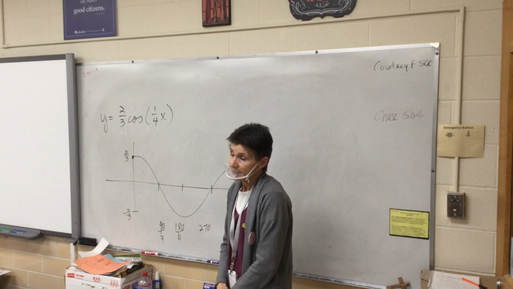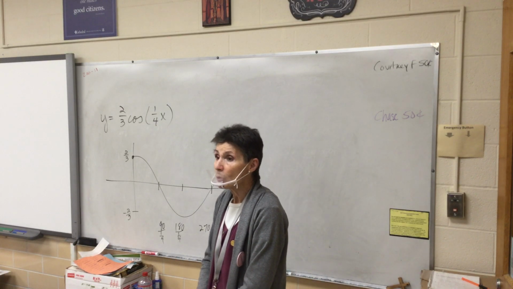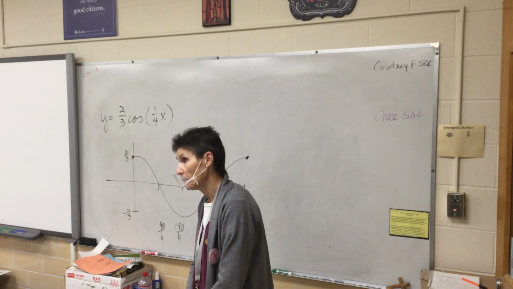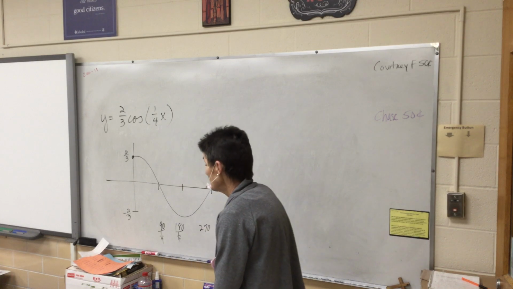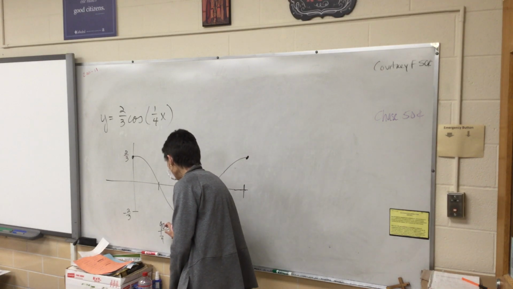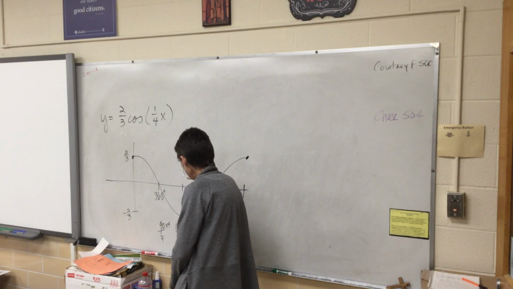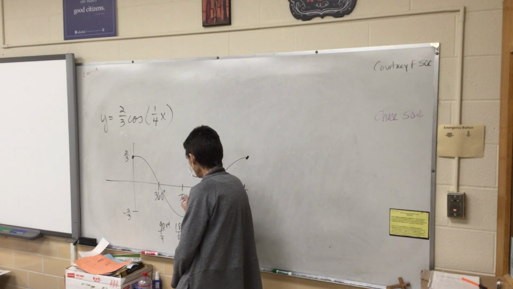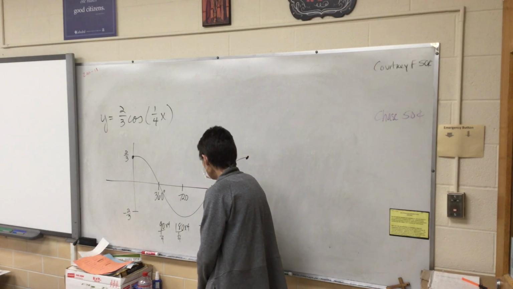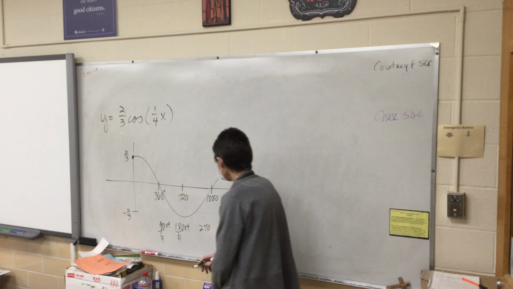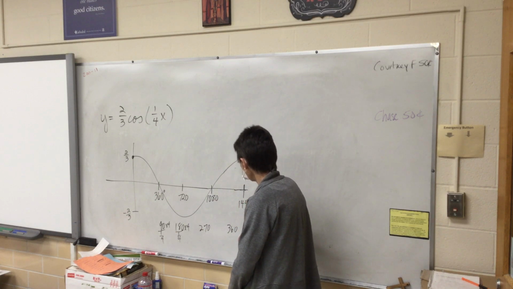Well, like he said, dividing by a fourth is the same as multiplying by four. So 90 times 4, so that's going to be 360. 180 times 4 is 720. 270 times 4 is 1080. And 360 is 1440.